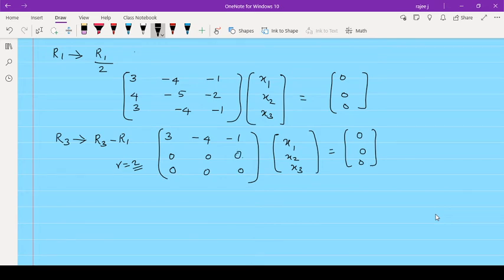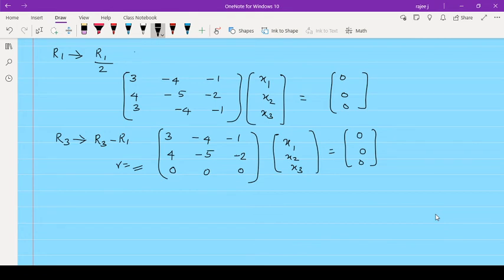Then the rank will be 1. So if there is any single term in this row, then also it is considered as non-zero. Here it is minus 2.